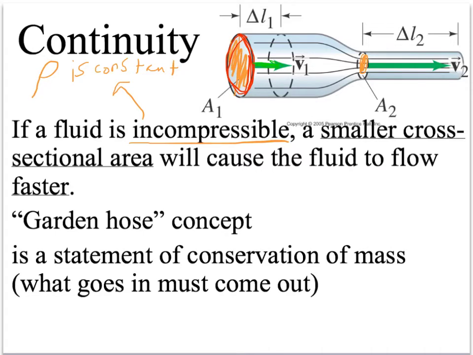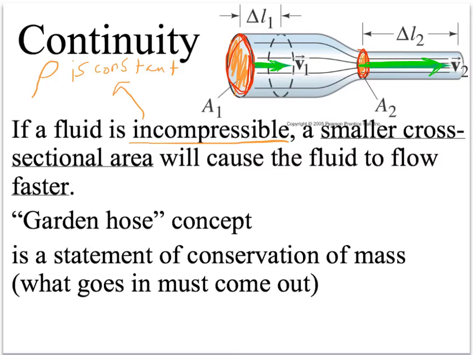Notice it here, the velocity vector is smaller. But when the fluid moves into this smaller cross-sectional area, the velocity vector increases because the fluid went faster. So the smaller the pipe you shove the fluid through, the faster it will go.